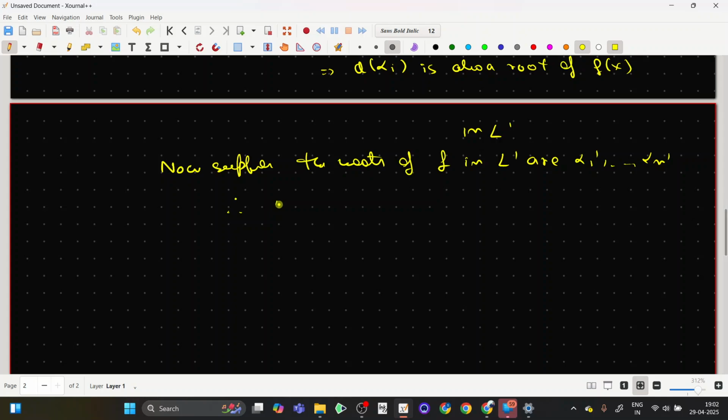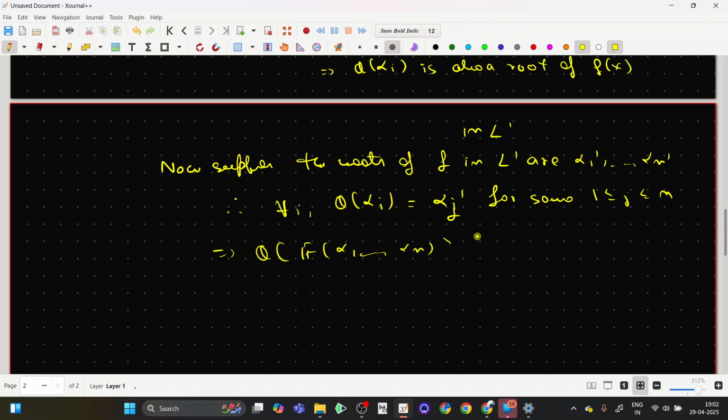Therefore, for all i, the image of alpha i is some alpha j prime, for some 1 less than or equal to j less than or equal to n. But what does this conclude? This concludes that phi of F adjoin alpha 1 till alpha n is contained in F adjoin alpha 1 prime till alpha n prime. What does this mean? This means that phi of K must be contained in K prime.